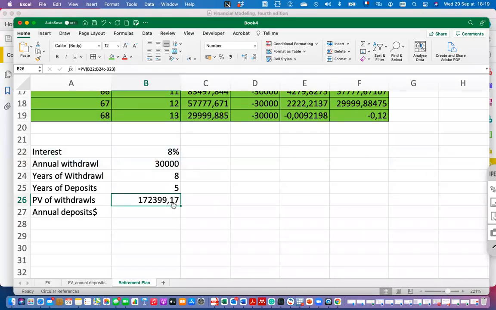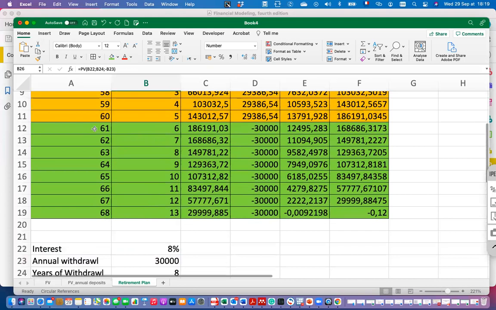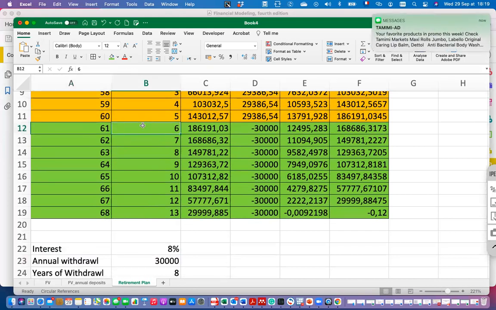See this value? This is not the right value. We still need to add a modification. Why? This is the present value of withdrawals at the start of year 6, because we start making withdrawals by the end of year 6.